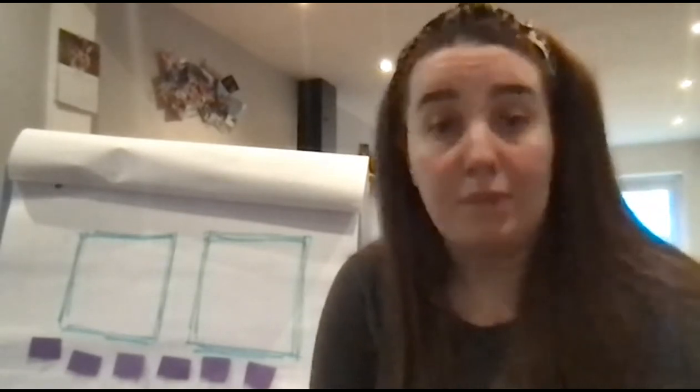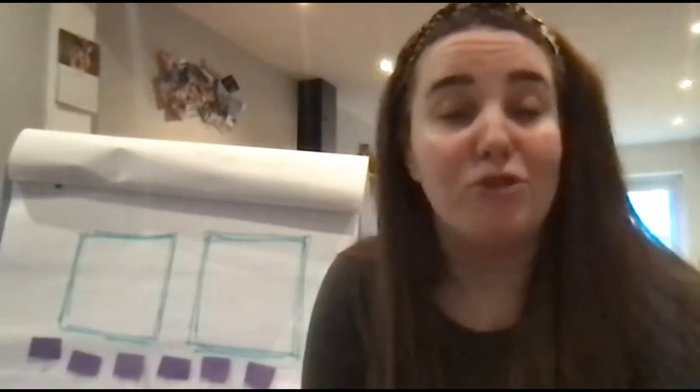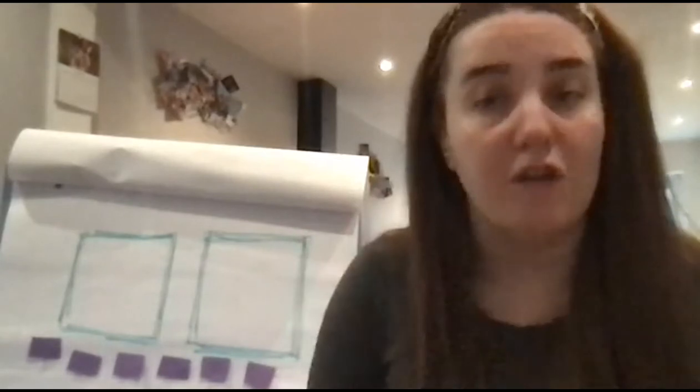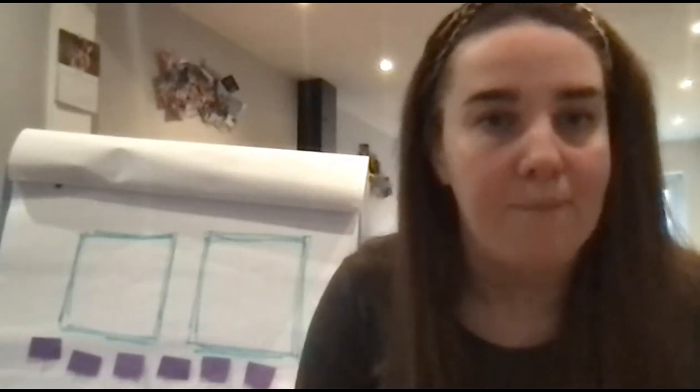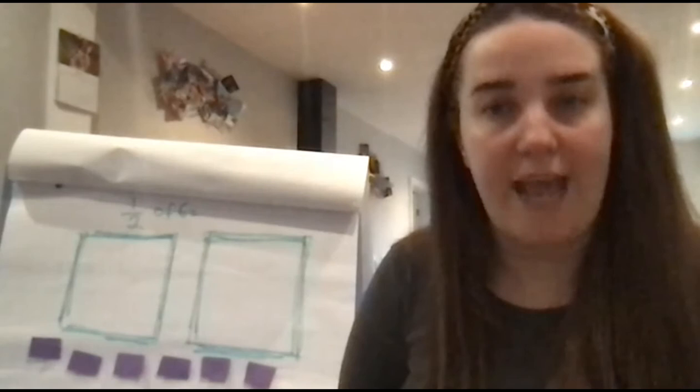Okay, so I'm sure you've had a chat about it or a think or whatever, as long as you've tried. So what I'm going to do to find half is, well, first of all, what does a half look like again? So it looks like 1 half, and we are finding half of 6. Okay, half of 6.